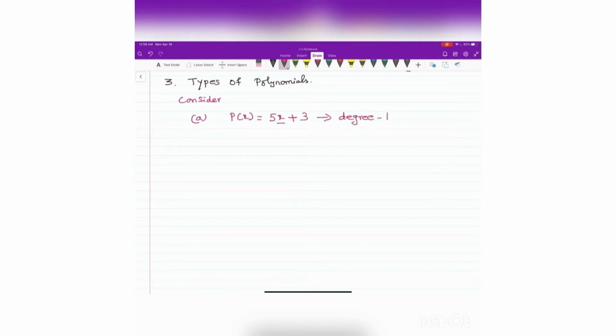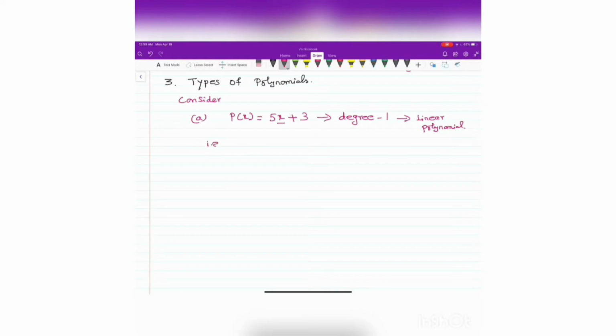When the degree of the polynomial is 1, that polynomial is known as a linear polynomial. So this polynomial is known as linear polynomial. I will put it like this.